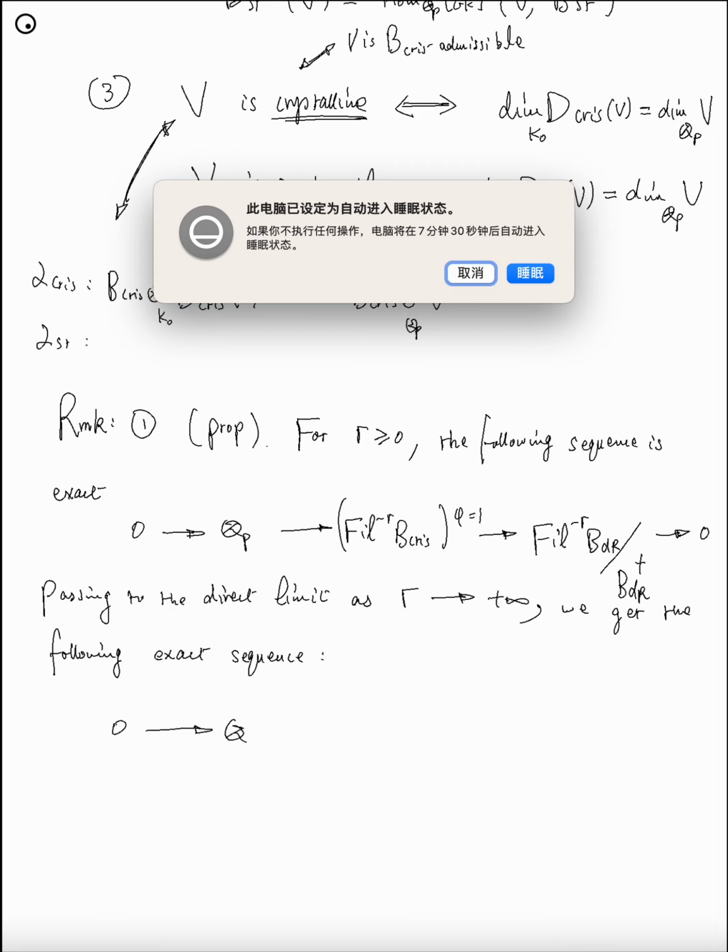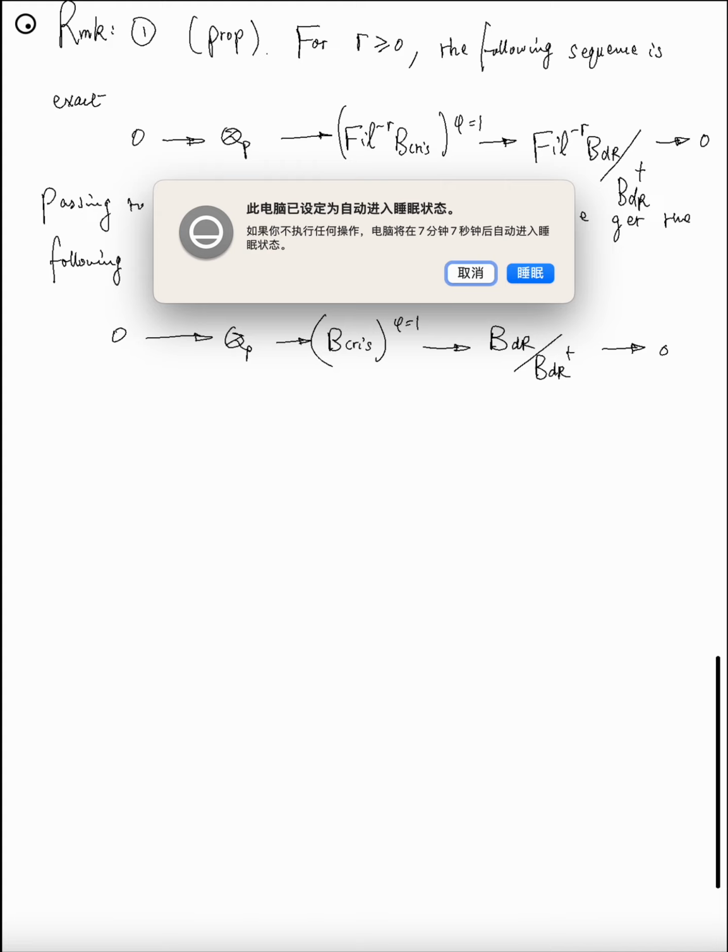0, Q_p, B_cris Frobenius equals 1, B_dR plus, because when r tends to minus infinity, as a reasonable filtration, this is always the whole space. Second remark. So maybe let me put 1.1.